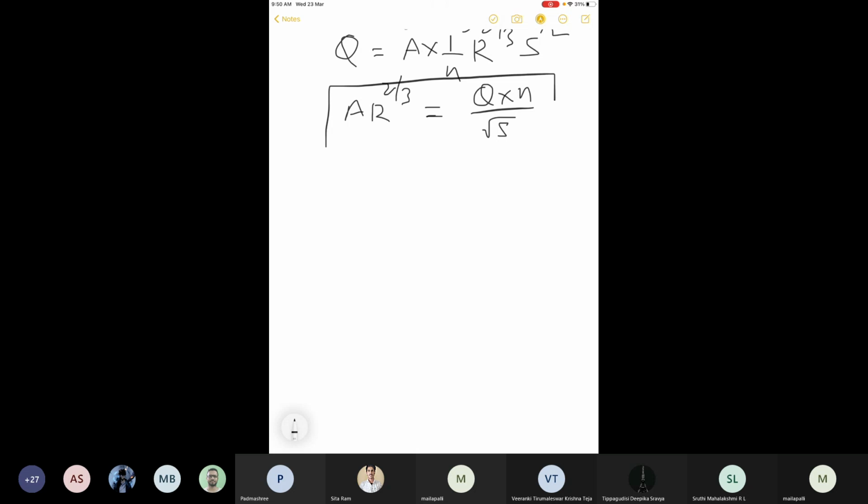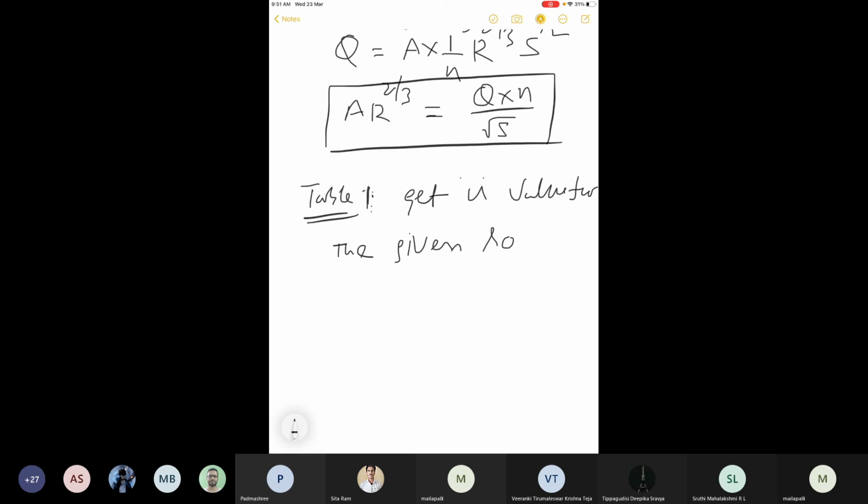Okay. So now, from table 1, I'm going to take the values from the table where you have the particular soil type and the corresponding N values. So from the table, get N value for the soil type for the given, okay. So that is N is equal to 0.020.